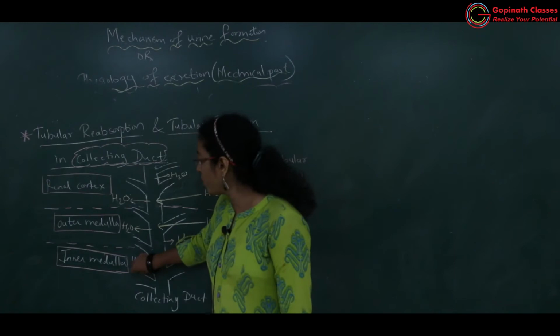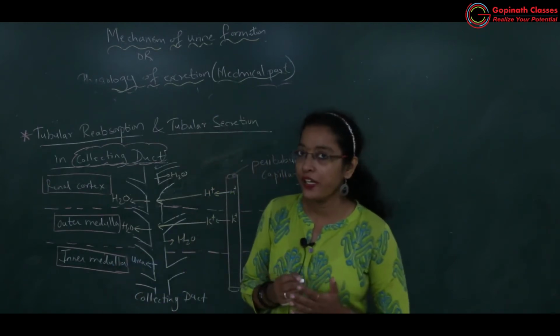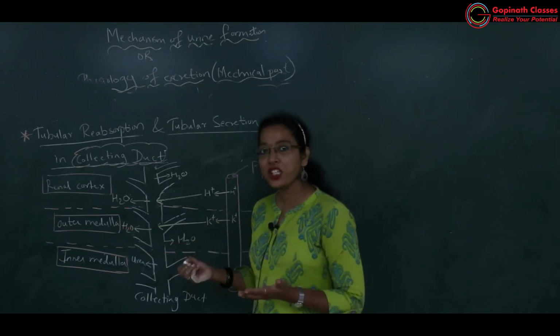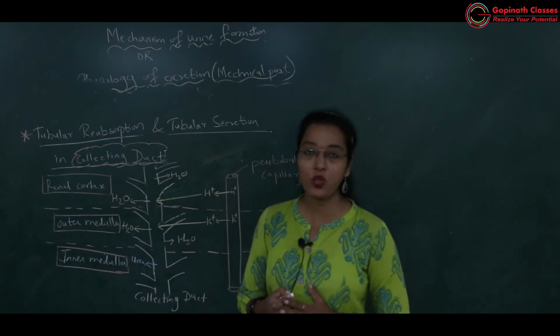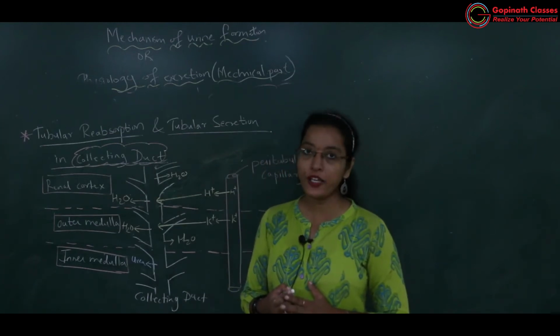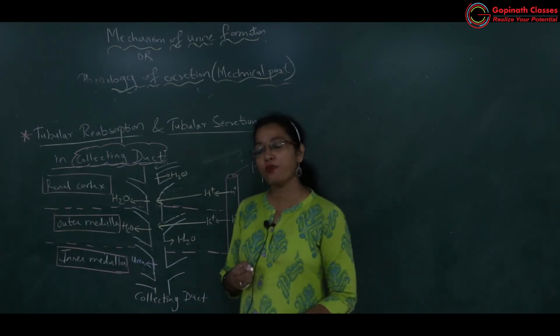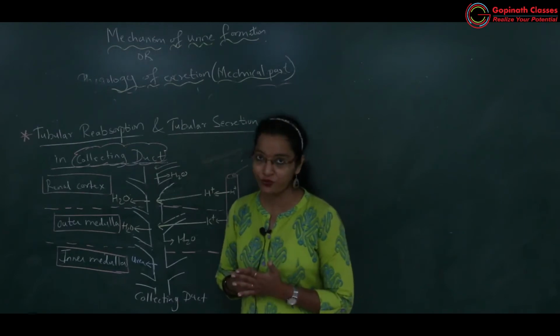This urea will enter the interstitium, and from the interstitium this urea will enter the blood of the peritubular capillaries. So why should this urea enter the blood of the peritubular capillaries? To maintain the osmolarity of the blood.